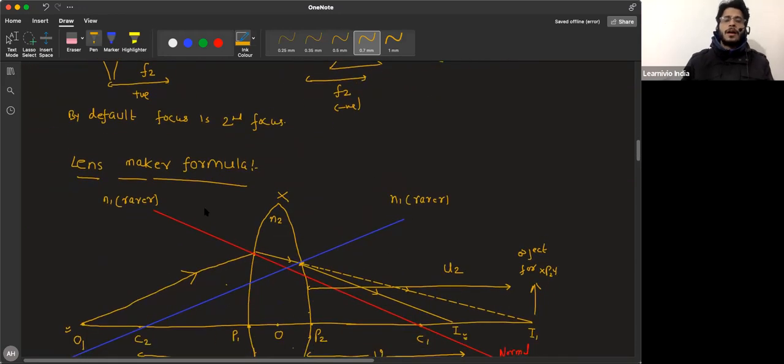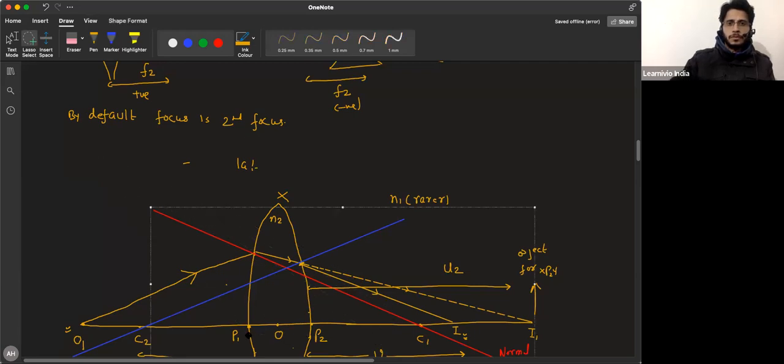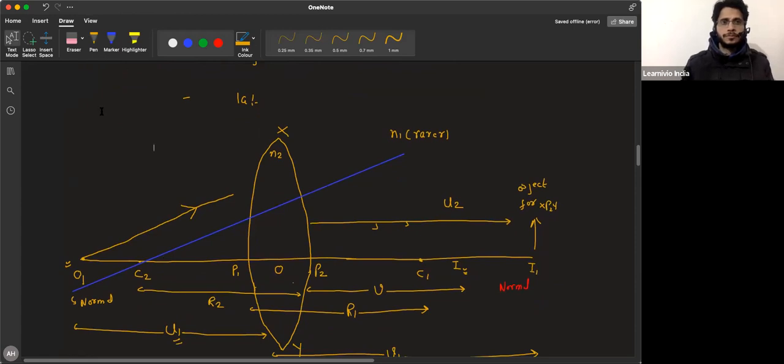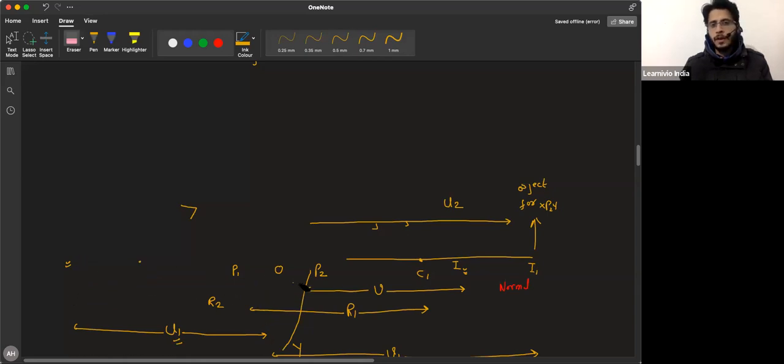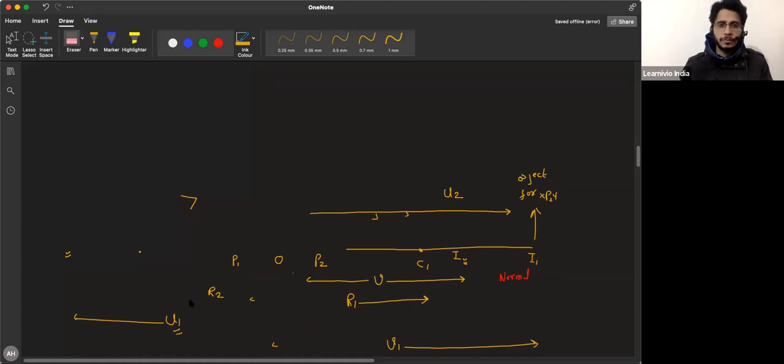After second principal focus, this is something very, very important: the lens maker formula. This lens maker formula, along with the formula of the spherical refracting surface, is a 5-marker question.